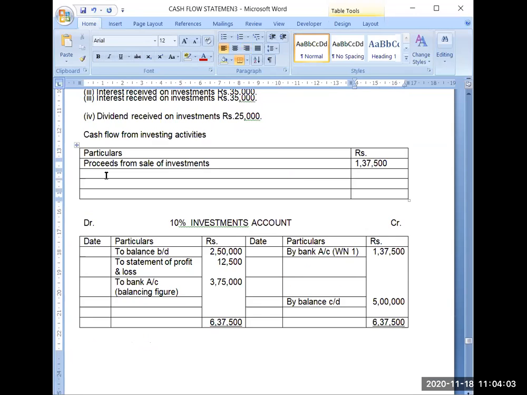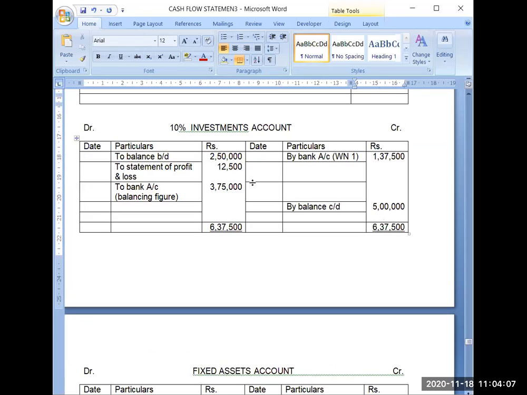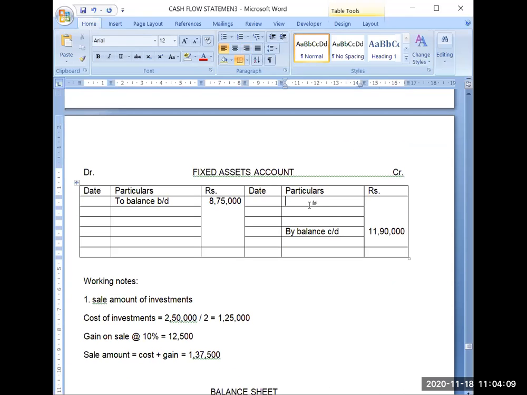Now for fixed assets account, the information given in the question is that depreciation has been charged for rupees 1 lakh. So first we will write the depreciation here, by depreciation account, 1 lakh.